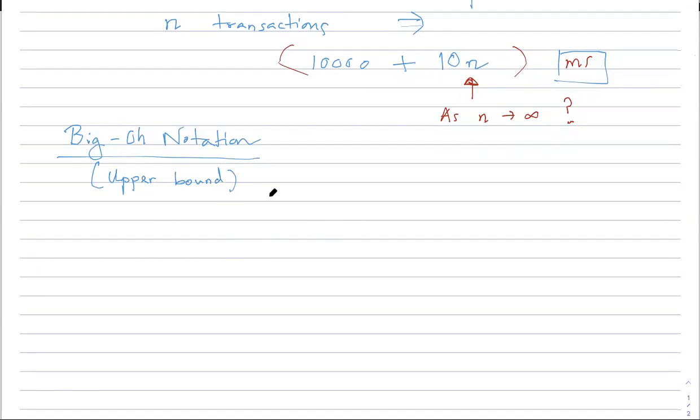Big O notation establishes an abstract relationship between two functions.